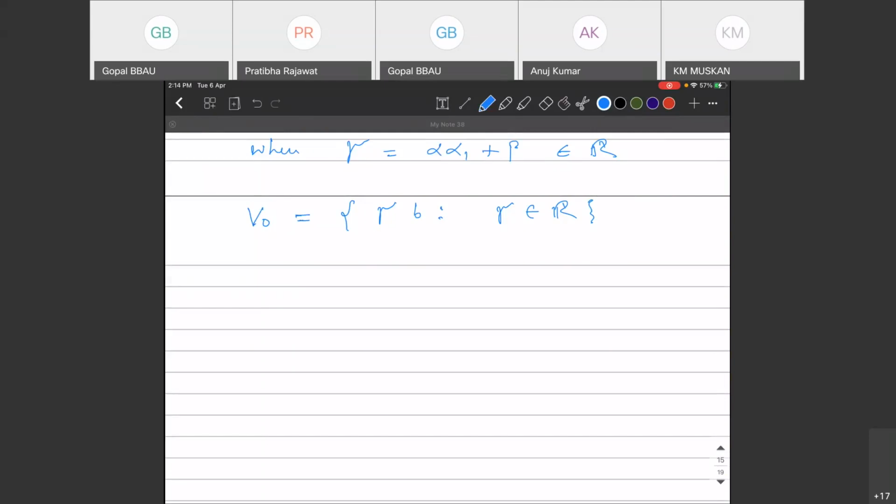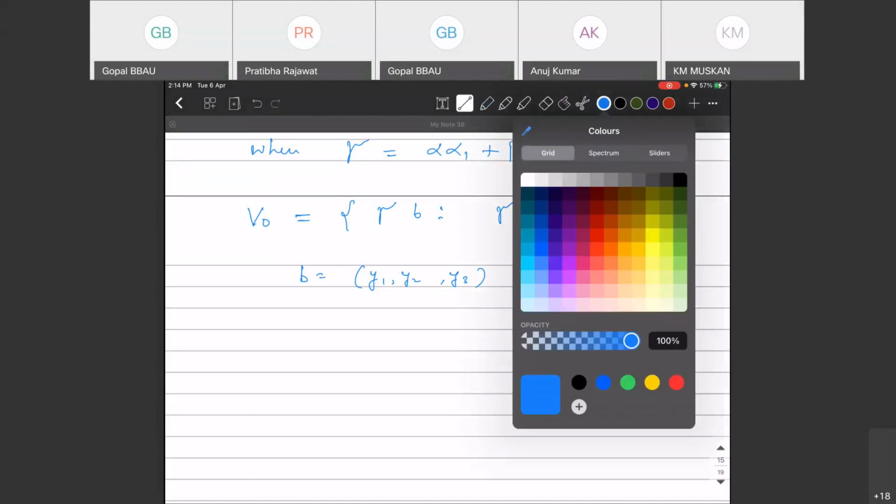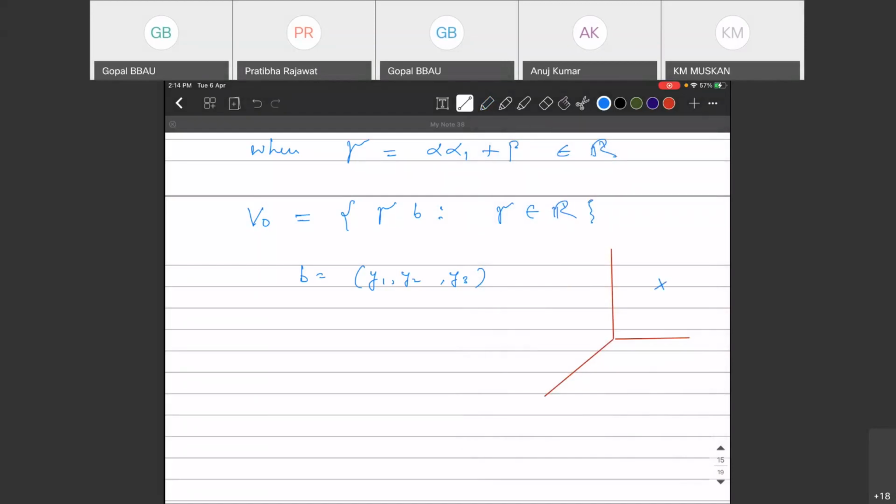So B is a point or a vector in R3. Suppose this is B, this point is B, it is a vector in R3, (y1, y2, y3), correct?